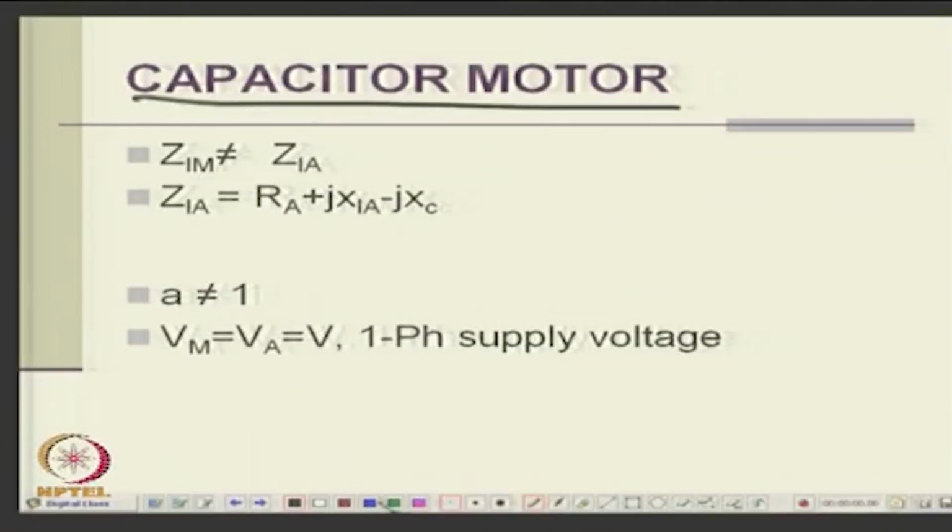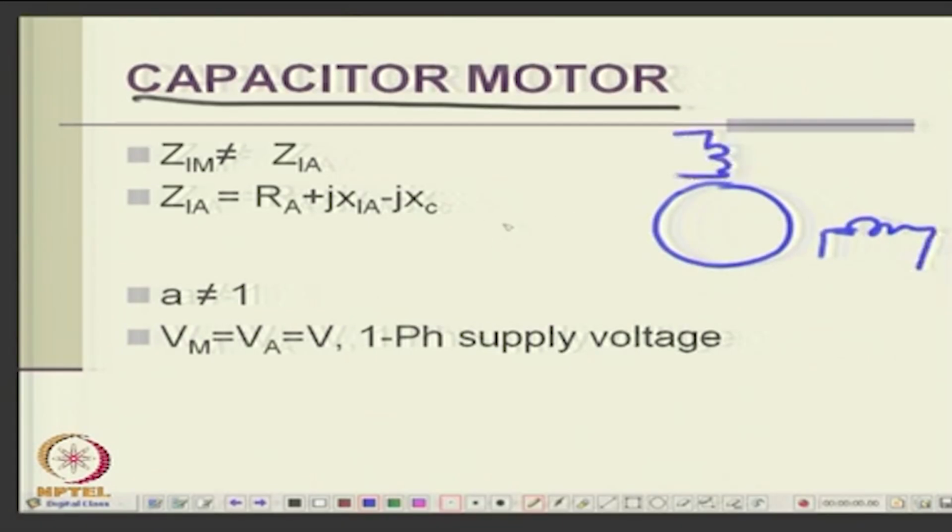Next motor is the capacitor motor. In the capacitor motor what will you have? Same 2 phase. You have, in the A winding, this is the main winding.